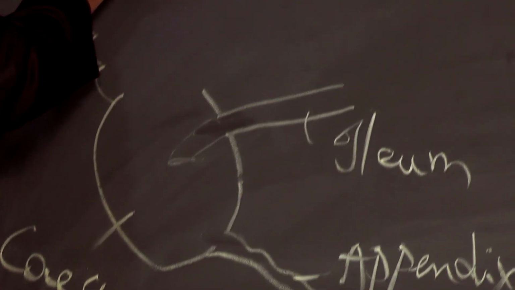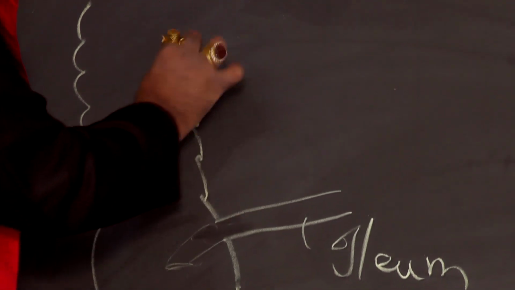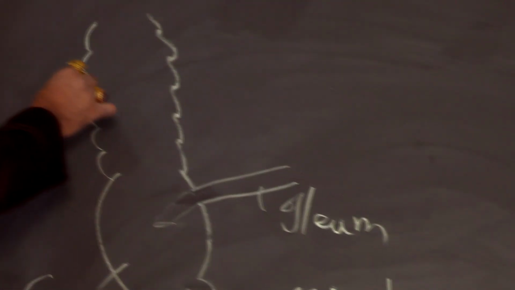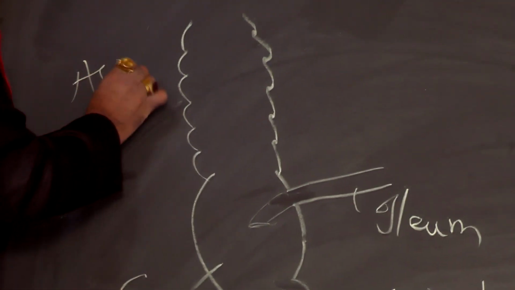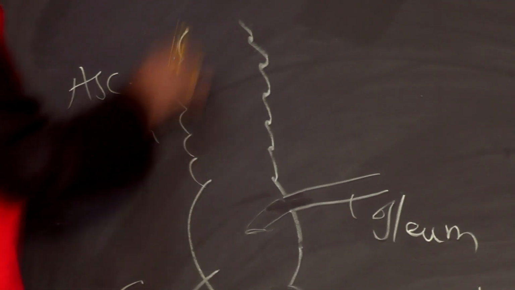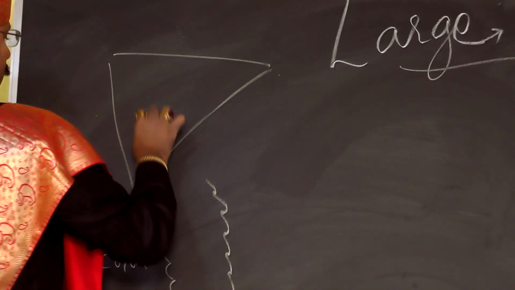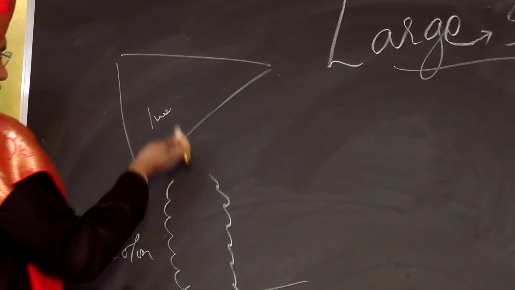Ascending up from the cecum, we have the large intestine called the ascending colon. You are now aware that the liver is present here.